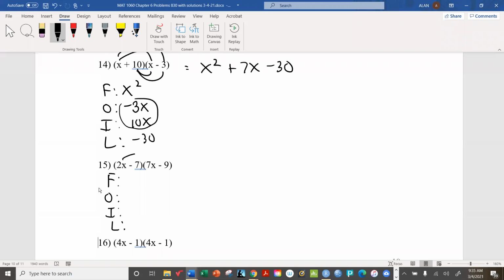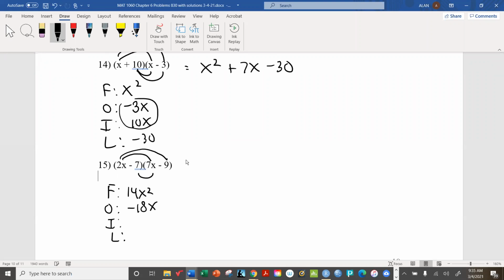The F is here. Let's see. O is here, minus 18x. I is here. And then here we have 63.